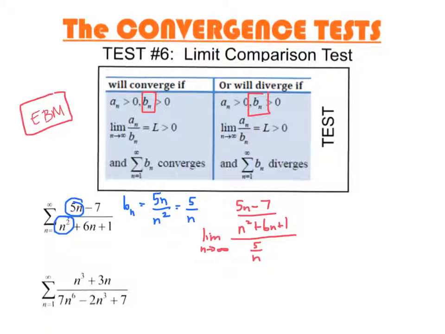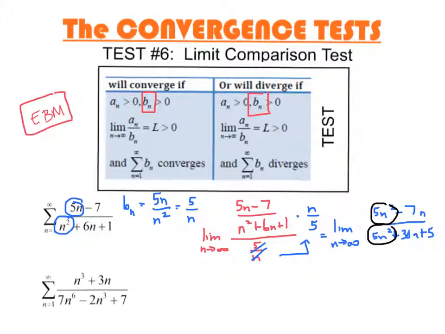Instead of dividing by a fraction, I'm going to multiply by the reciprocal, n over 5. So that gives me the limit as n approaches infinity of 5n squared minus 7n over 5n squared plus 30n plus 5. Now we have the same power on top and bottom. We use the coefficients. The limit is 1.